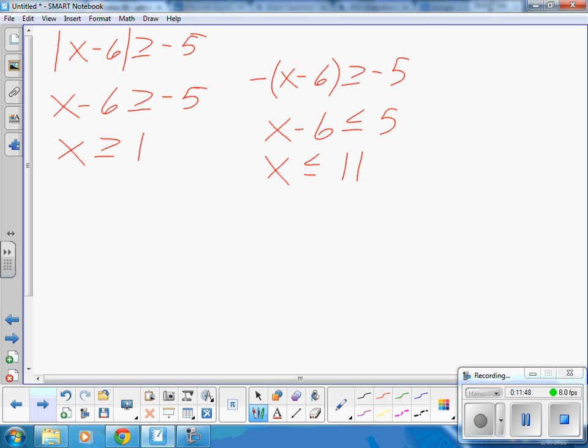Now, when you look at this, remember all of these answers so far when it's greater than have been an or scenario. Absolute value greater than some value, doesn't matter what it is, okay? When it's been greater than, we've had an or scenario. In the first video, when we had absolute value less than something, in all of those cases, it was the overlapping, the intersection.